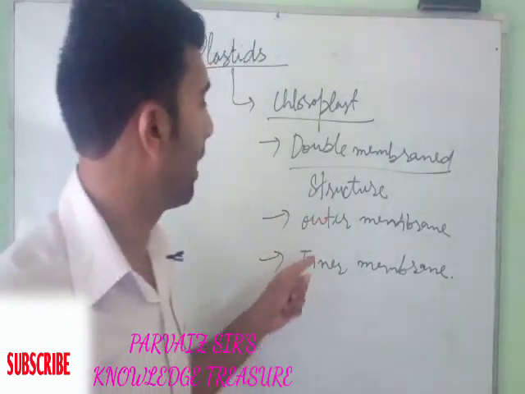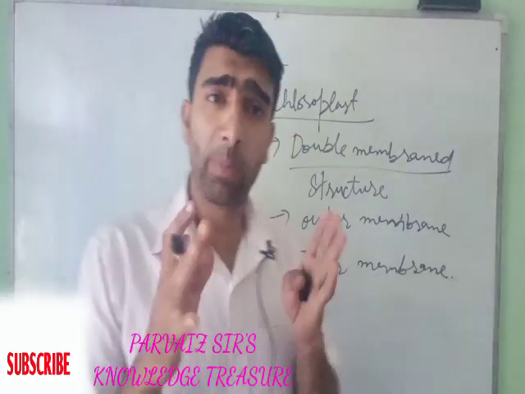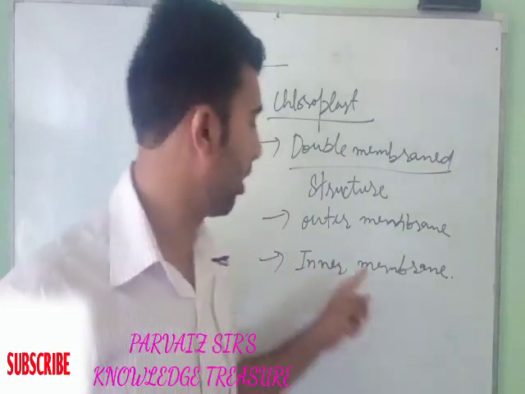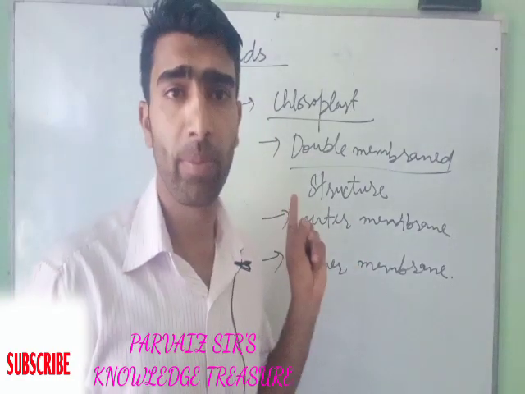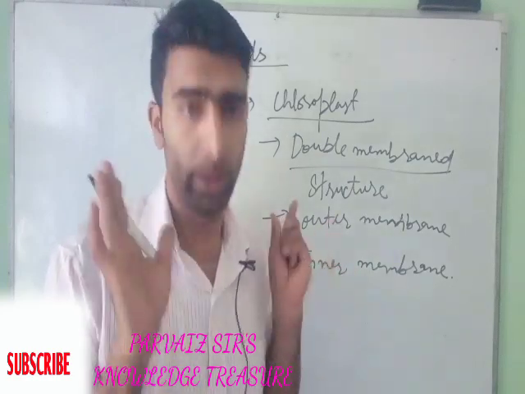One is the outer membrane and another is the inner membrane. There is a space between the two membranes, called the periplastidal space, and it is filled by a fluid called periplastidial fluid.